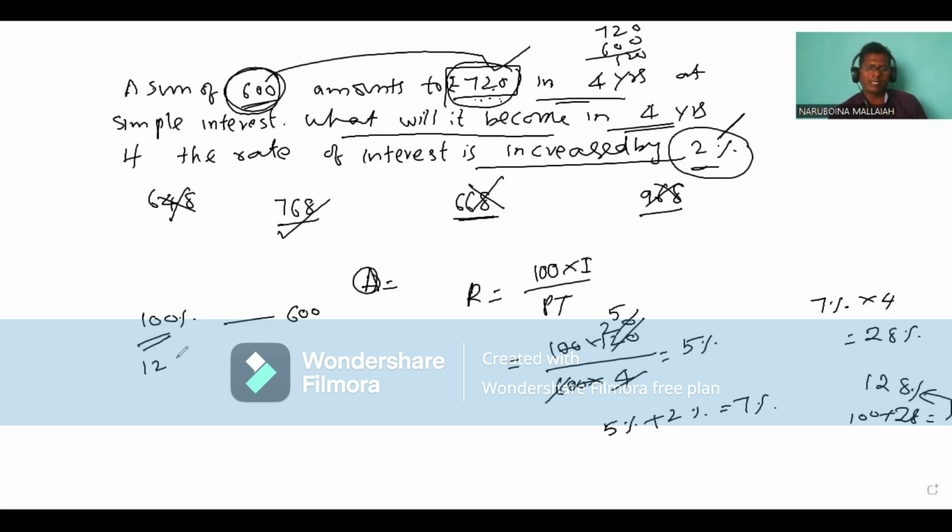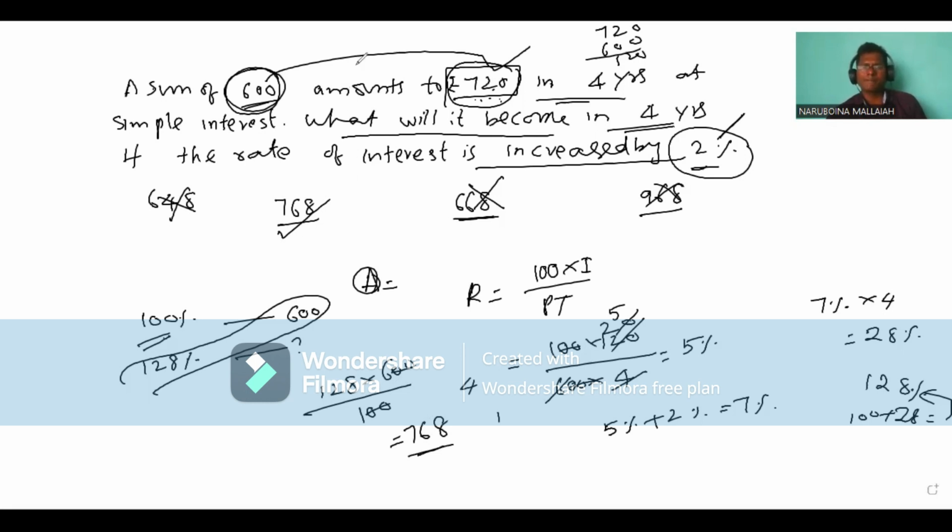So we have to calculate 128%. Take the diagonal elements, 128 into 600 by this 100 in the denominator. 2 zeros get cancelled. 6 8s are 48. 6 2s are 12. 12 plus 4 is 16. 6 1s are 6, 6 plus 1 is 7. So the answer will be 768.